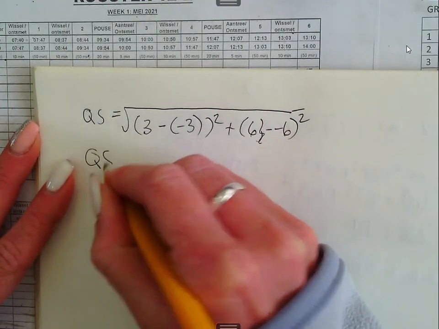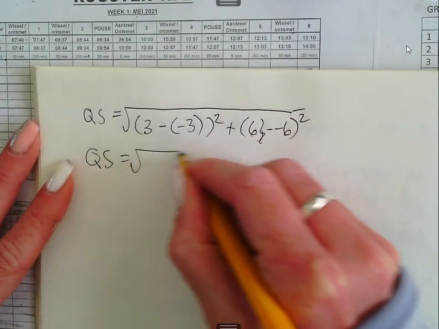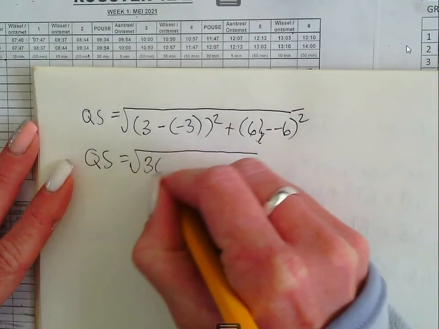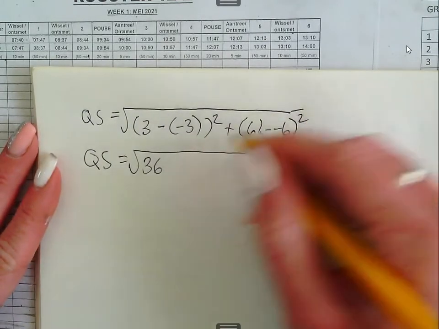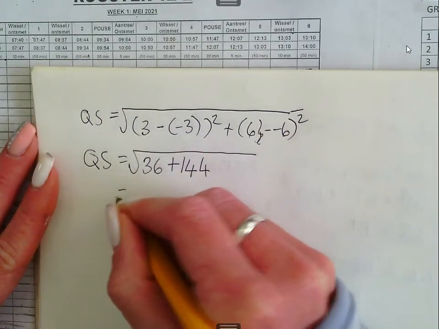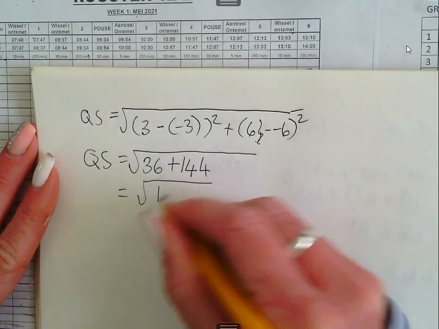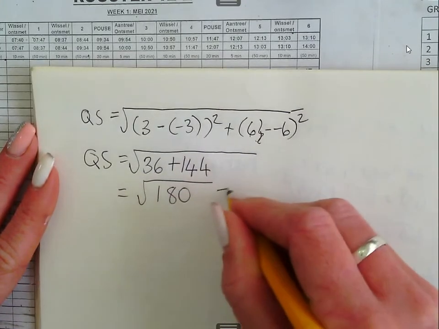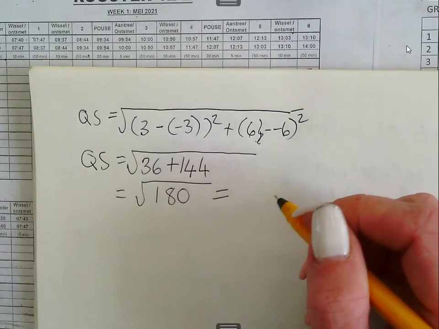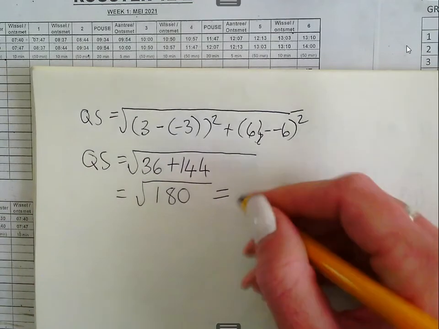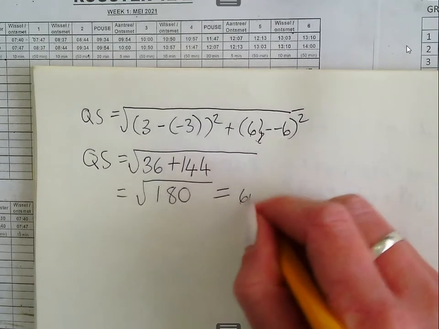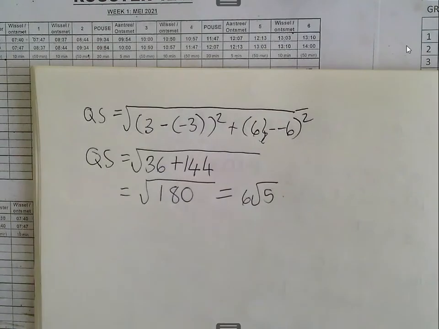Then QS is equal to the square root of 3 plus 3 is 6, squared is 36, and 6 plus 6 is 12, squared is plus 144. That gives me the square root of 180, and that in its simplest surd form, you can type it on your calculator as well, but it's going to be 6 root 5. And there you have it.